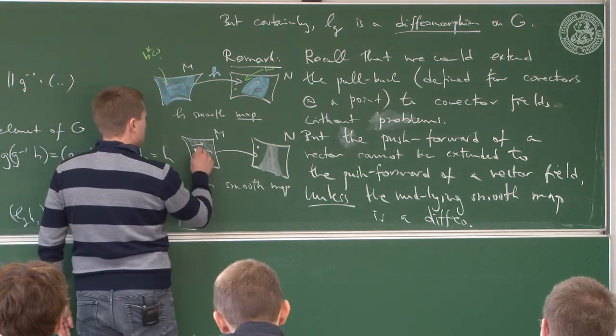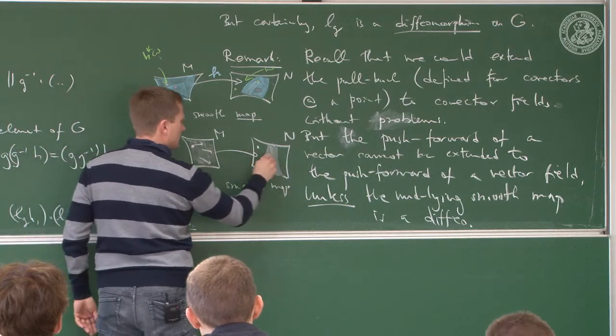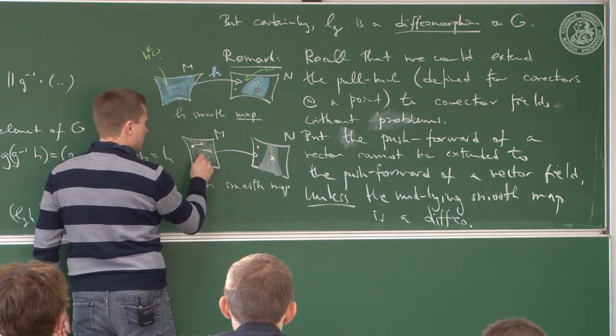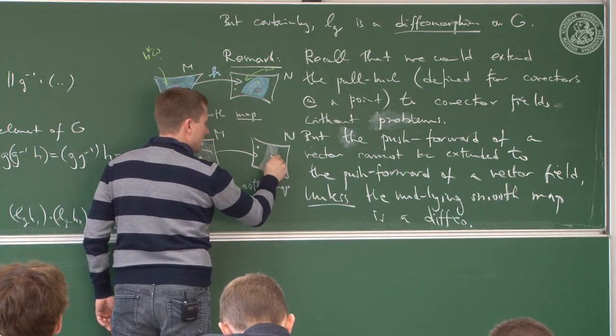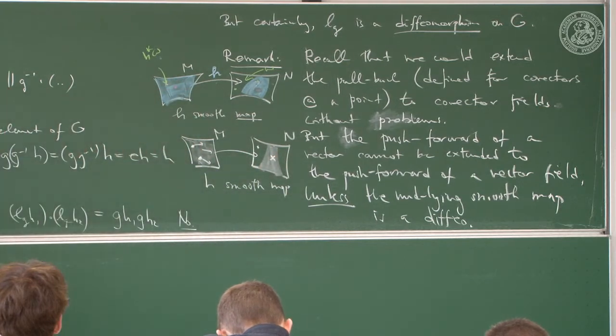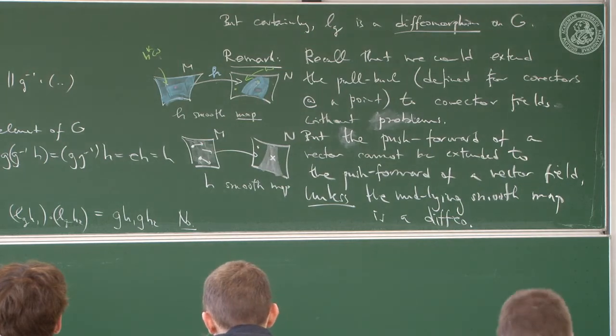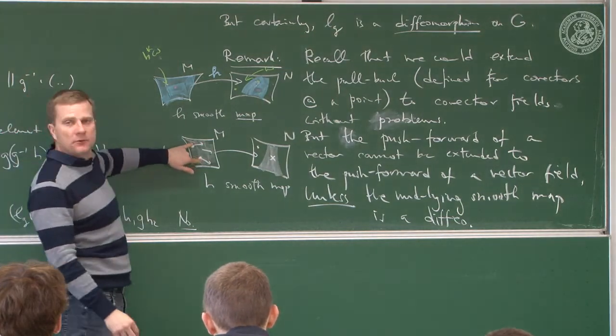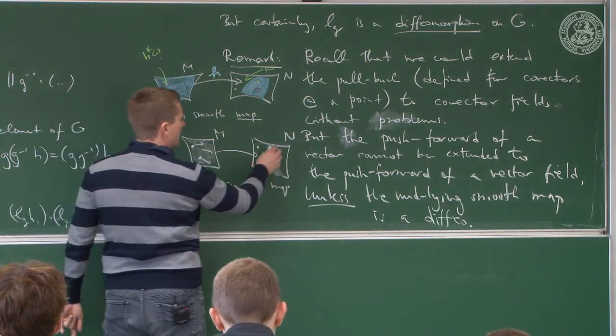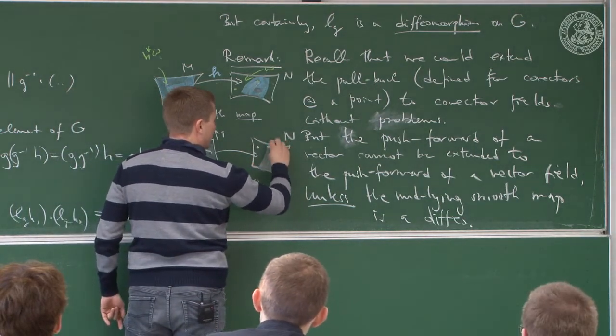Obvious. But it's even worse. It could be that this point here is mapped to this point, and that other point is mapped to the same point. That's if the map is not injective. It's a map, all right, but two different points go to one point under the map H. But for the push forward, that's another thing. So you could say, well, maybe I only want a vector field in the image.